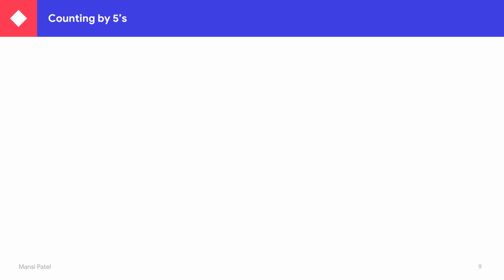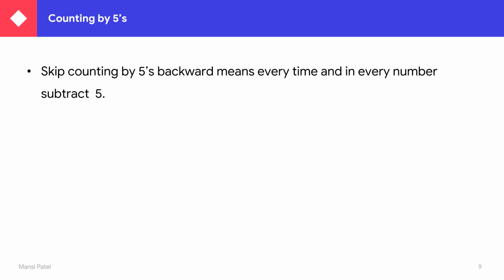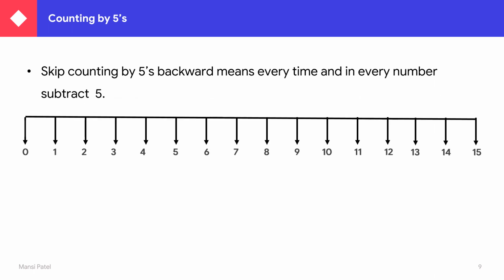Now, counting by fives. Skip counting by fives backward means every time, in every number, we subtract 5. We have to leave 5 numbers. Let us see here. This is your number line. In this number line, we have to start jumping from 15 to 0. How many numbers do we have to skip? 5 numbers. So see here, we start from 15.